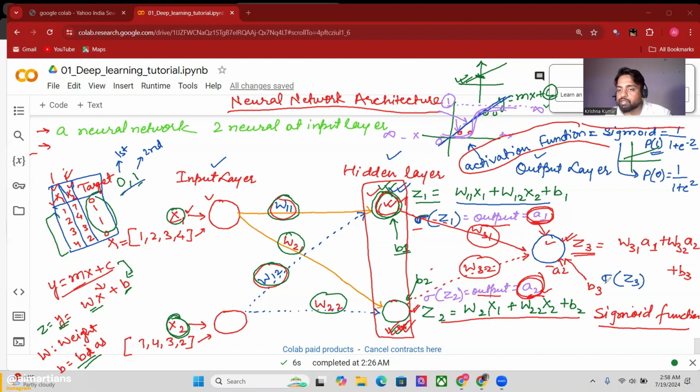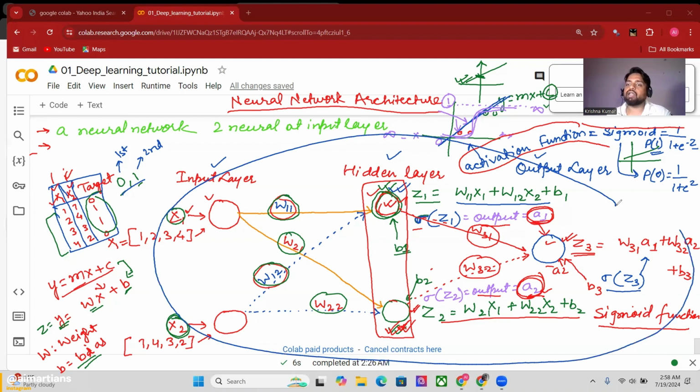So this activation function is simply applied on this, and our model gets trained, okay? So this is the whole architecture of a neural network. Every neural network works the same way. There are some hyperparameters to tune, like dropouts, okay? I will let you know about them in further videos.